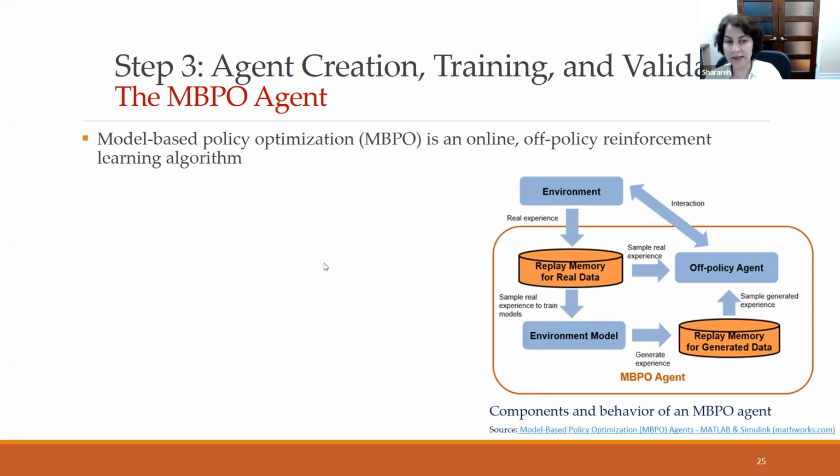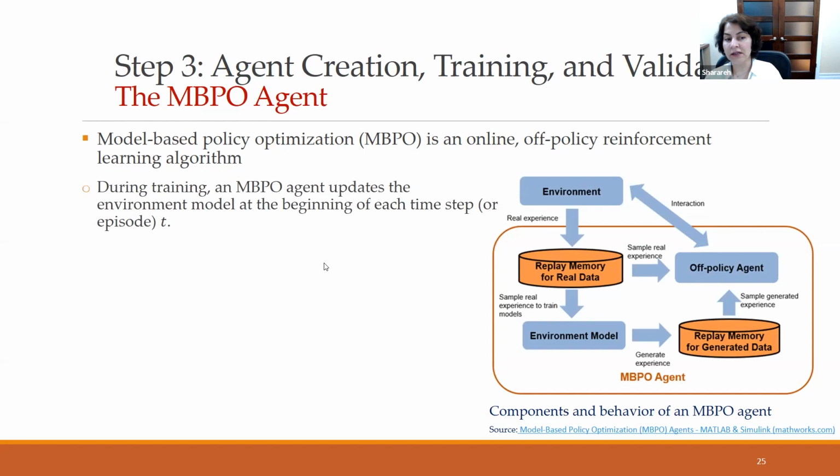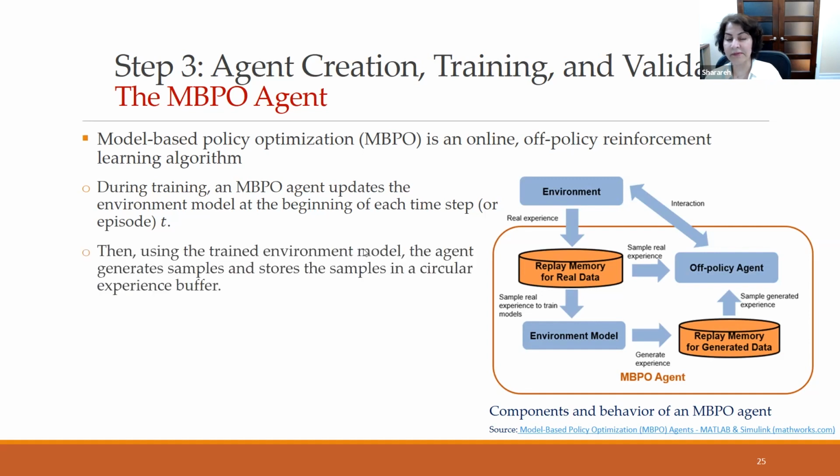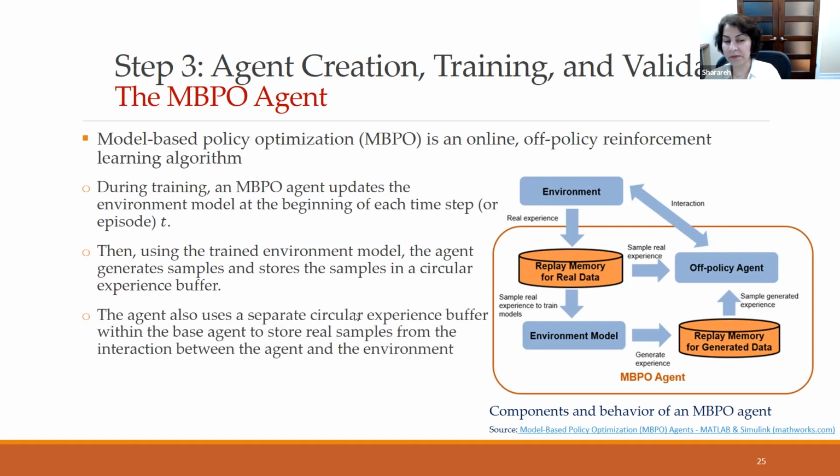And what this model-based policy optimization does is training. During the training, the agent updates the environment model at the beginning of each time step, and then uses the trained environment model. The agent generates some samples, which are then stored in a circular experience buffer.